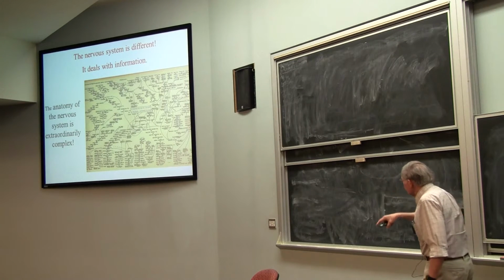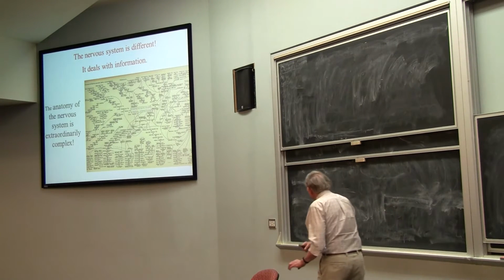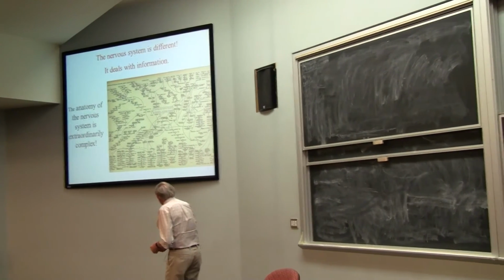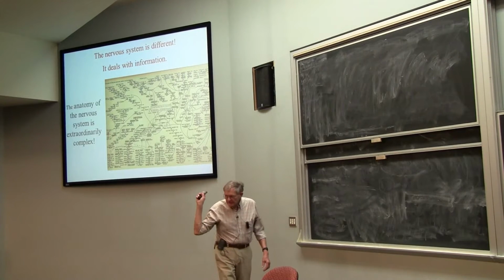So I mean, this is what we're dealing with here. Okay, so this is actually I think a comprehensive chart of neural connections, and this is about 1930, I would say.